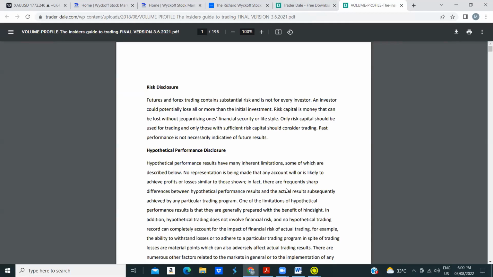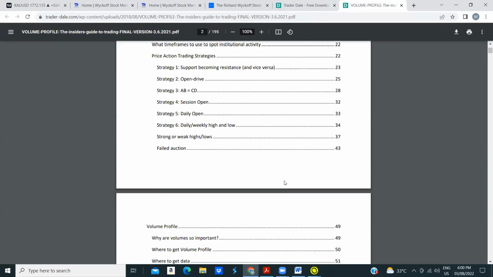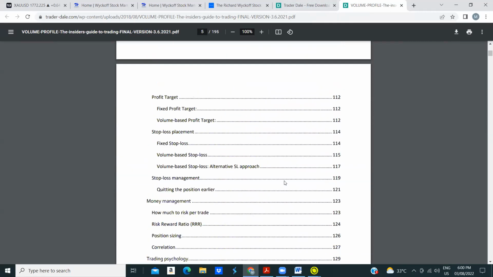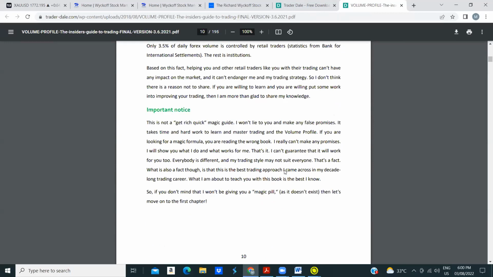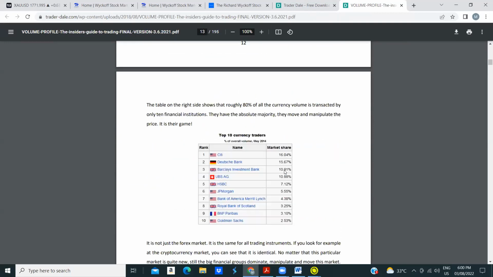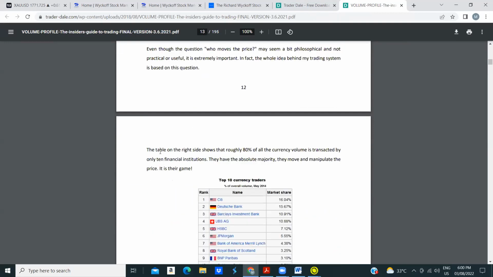So this book shows you a very different picture about how the market actually works. For example, if you go to this page, on the first page of information, it will show you some information. You see here, the table on the right shows that roughly 80% of all currency volume in transactions is transacted by only 10 financial institutions. They have the absolute majority.